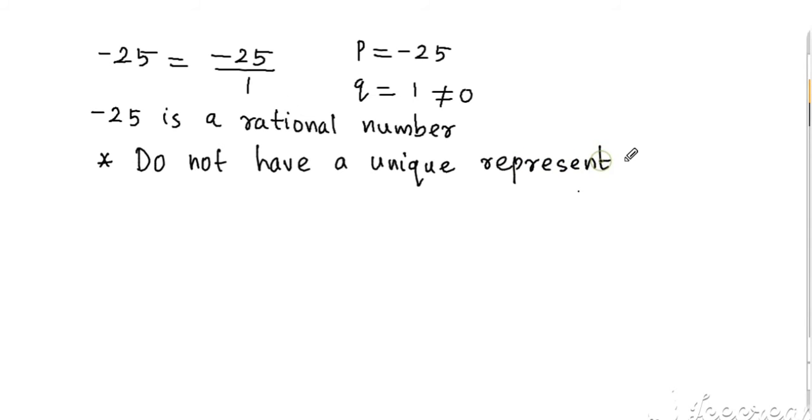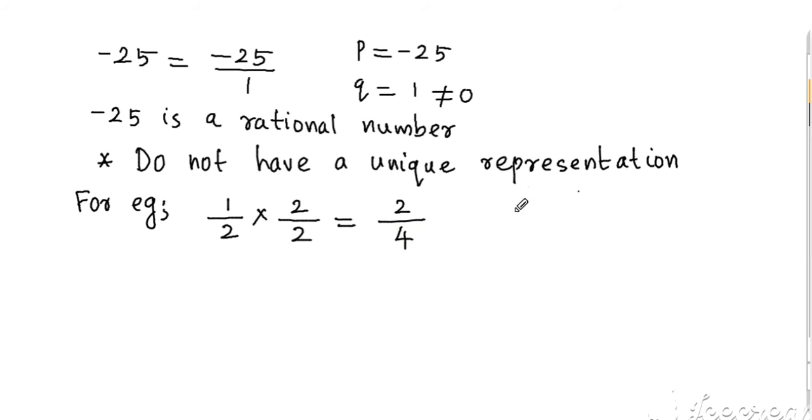For that, we can consider an example. Take the number 1 by 2. If you multiply the numerator and denominator of a fraction or a rational number, you will obtain an equivalent form. So if you multiply the numerator and denominator by 2, you will obtain 2 by 4. Similarly, multiply the numerator and denominator by 3, so you will obtain 3 by 6.